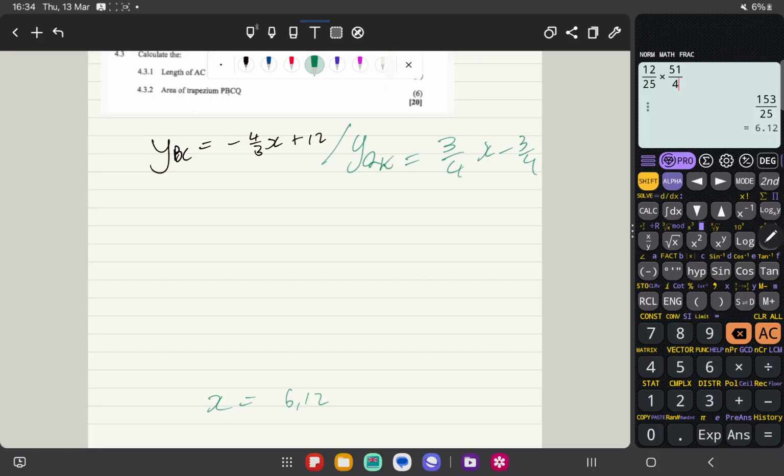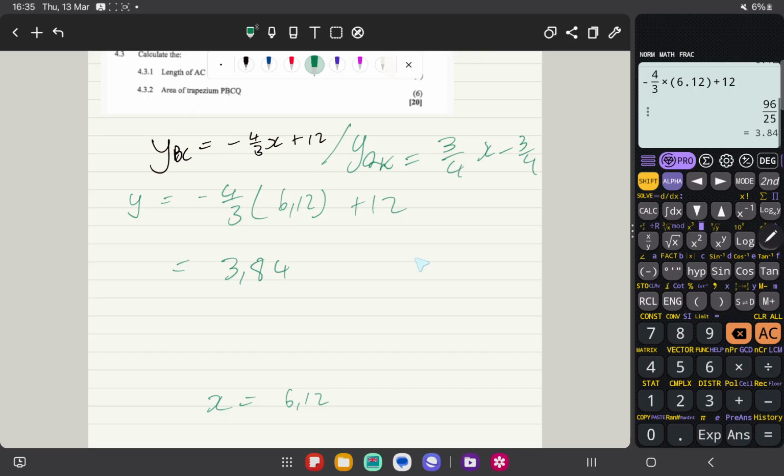If I use this one, I have y equals minus 4/3 into 6.12 plus 12, and my y value will be 3.84.